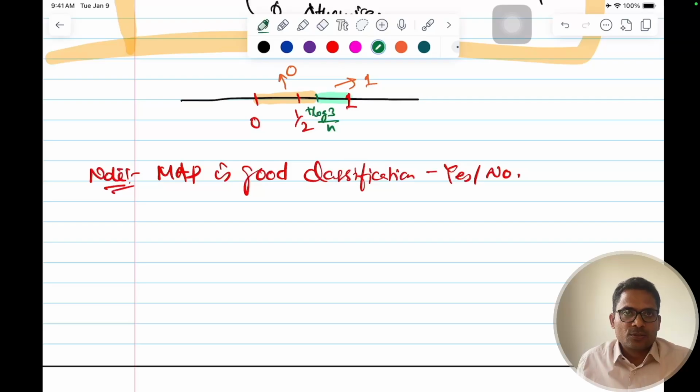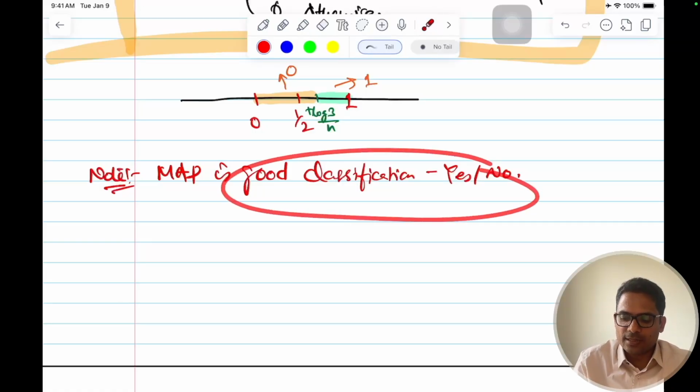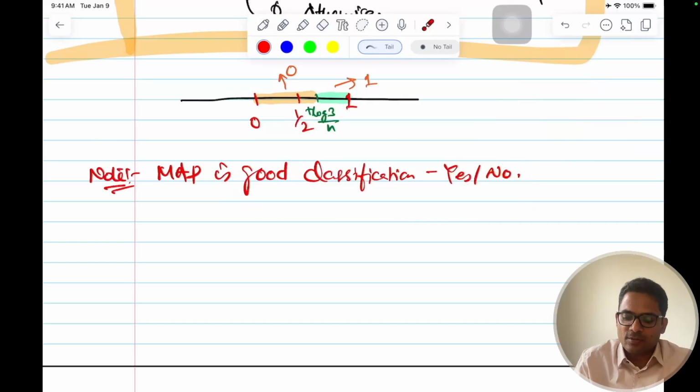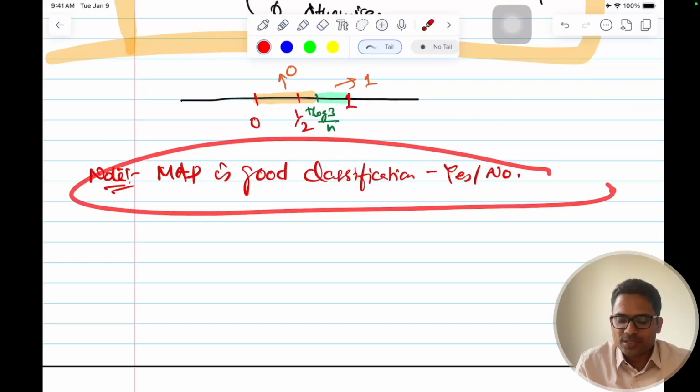This kind of classification only tells me whether I'm right or wrong, but it won't give me the magnitude of the mistake. So 1,000 and 1,020 means I'm off by 20, but it won't tell me how much I'm off. Whether I'm predicting 1,020 or 1,200, both of them are wrong, but it won't tell me the magnitude of my mistake. And what if I want to find that magnitude? Then this MAP won't be sufficient.